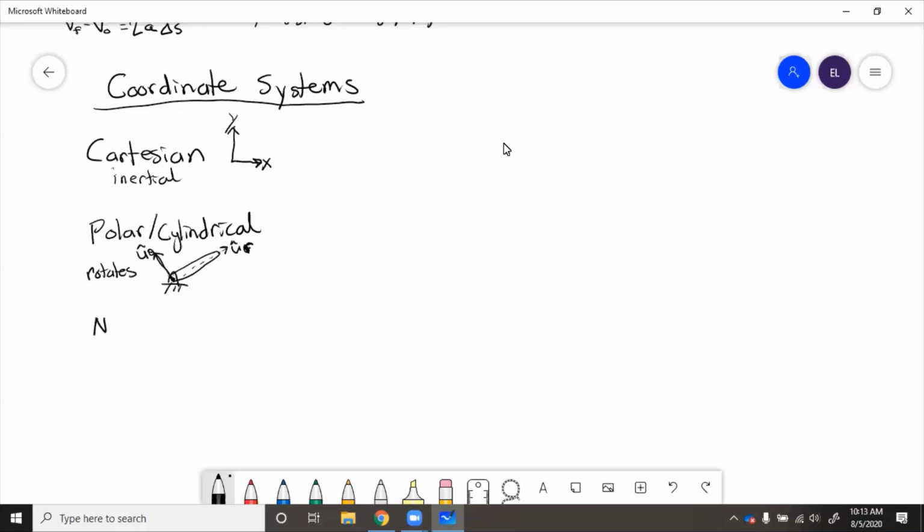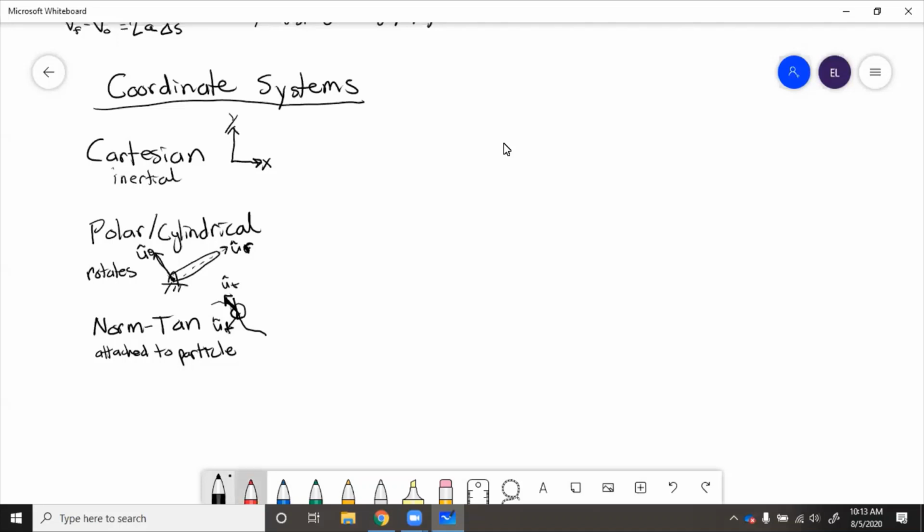And then finally, normal tangential, which is attached to the particle. And we only use it as a last resort. You have the particle going like this, and so ut goes in that direction, and then un goes into the center of curvature.